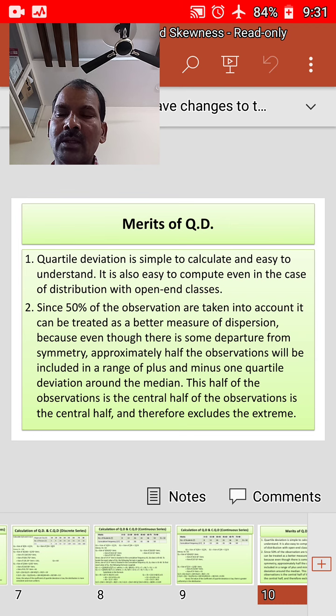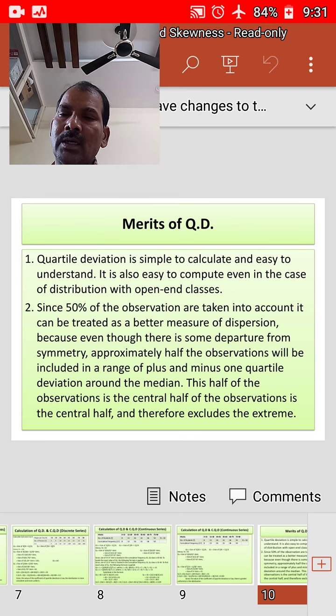If we want the frequency of the 20-30 class, the less than frequency is 200, and 200 minus 143 gives 57. In the same manner, less than 40 you have 279, 279 minus 200 you get 79. Less than 50 you have 311, 311 minus 279 you get 32.